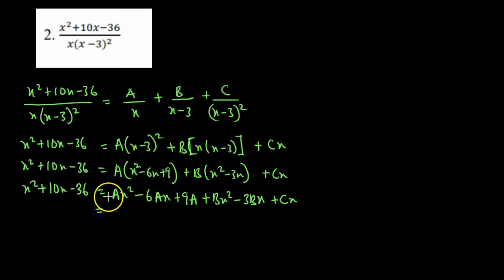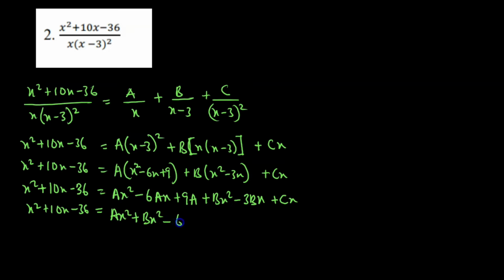When we rearrange so that it follows the order of powers of x descending, x squared plus 10x minus 36 should be equal to ax squared plus bx squared. We have the x squareds, 2 of them. Then let's come to the x's.